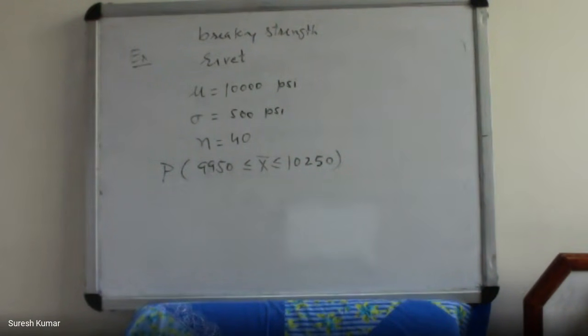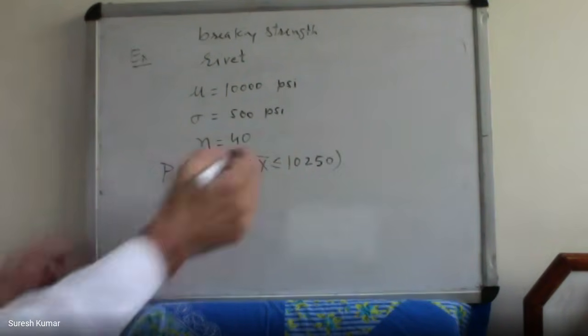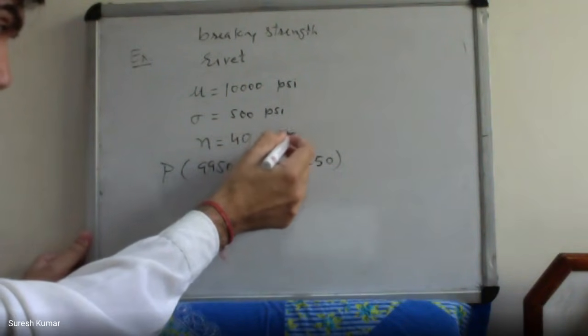So first identify this problem. It relates to which kind of sampling distribution? See, the nature of the population distribution is not given to you, but you can look at the sample size.